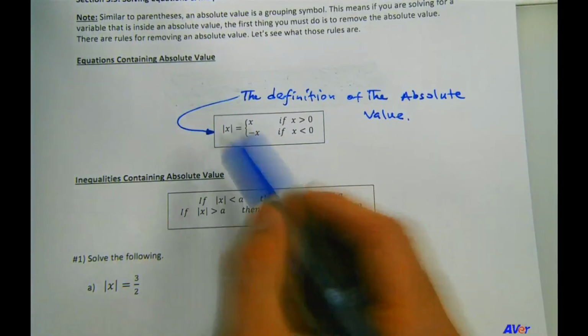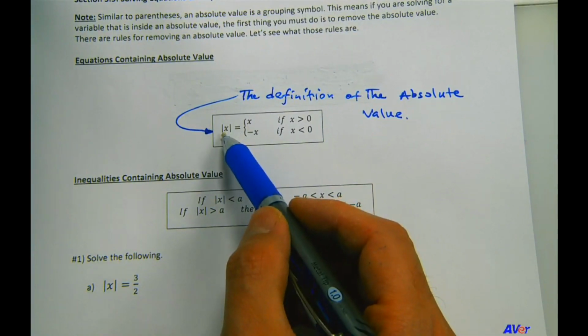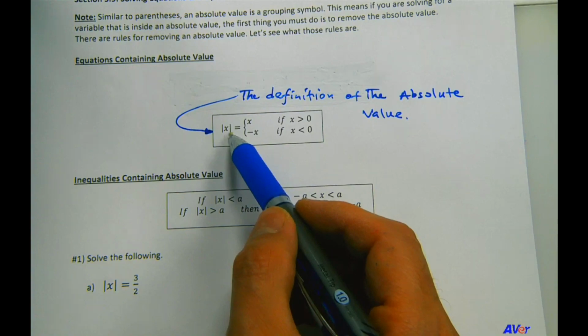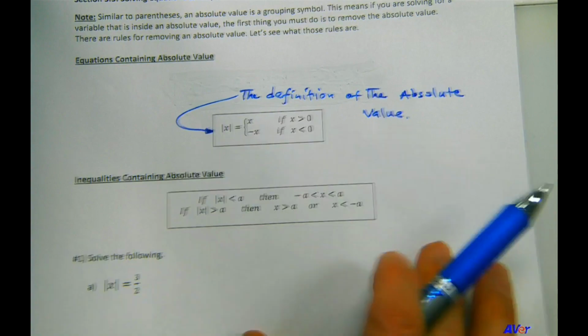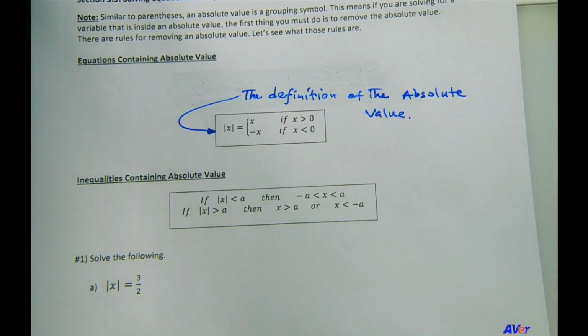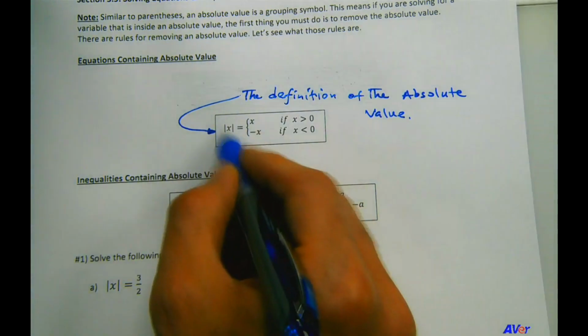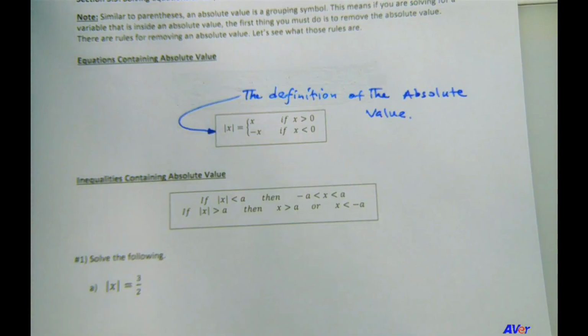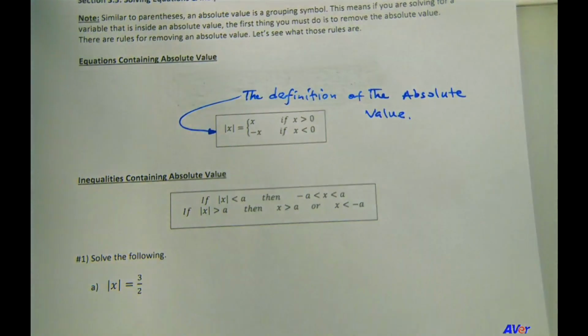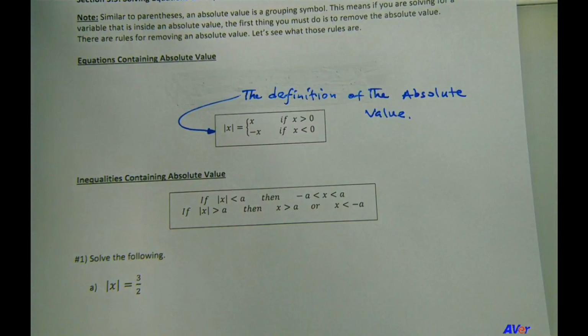So when we solve for an absolute value expression, whether it's an equality or inequality, the first thing is we need to remove the absolute value notation or symbol. Because absolute value notation, which is those vertical bars on both sides of the x, those are grouping symbols. Yes, they do perform another function beyond grouping what's inside the absolute value, but they are a grouping symbol, just like a parenthesis, just like a fraction line.